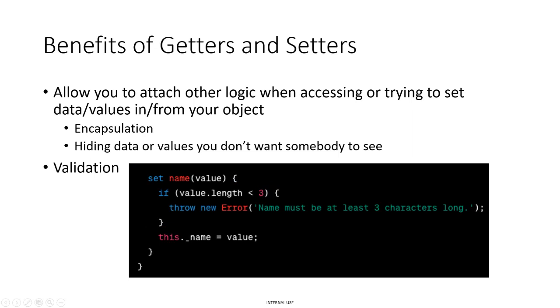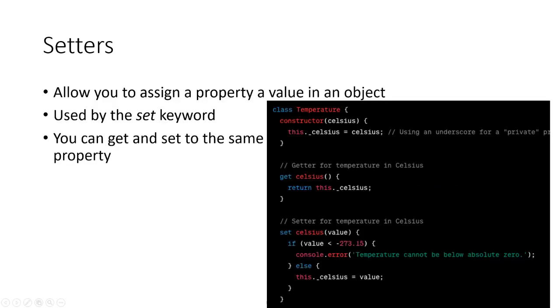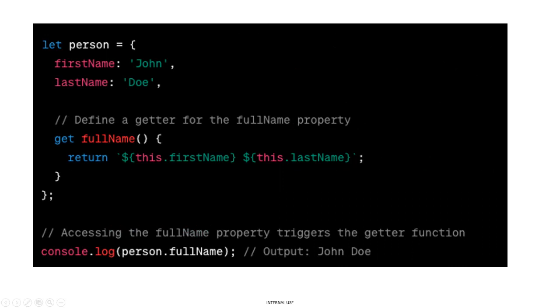The benefits. How about the benefits of using getters and setters? Well, they allow you to attach other logic when accessing or trying to set data or values in your object. Basically, they encapsulate and hide data or values you don't want anybody else to see. You guys remember the first slide, right? This is the most basic example. When we're returning full name, we can return our own customized string. Hey, the full name is John Doe, right? We can really customize the data that is returned from this getter.